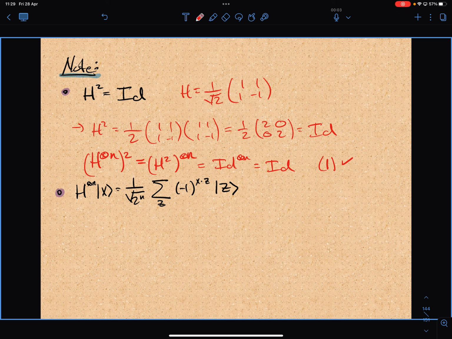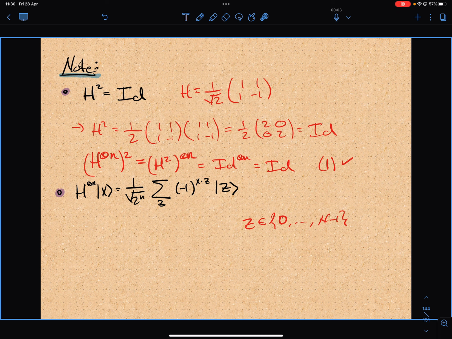And in here, I'm going to recall this identity that we had from the previous lecture, where we're applying the Hadamard gate to the tensor product of the Hadamard gates to any element x. It's just going to be a linear combination of all possible configurations, with 1 over square root of 2 to the n. They're all equally likely, but the phase is going to depend on the dot product between x and z.